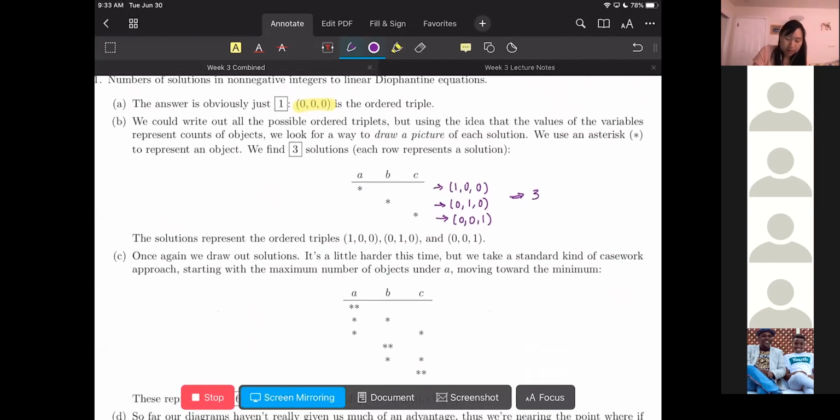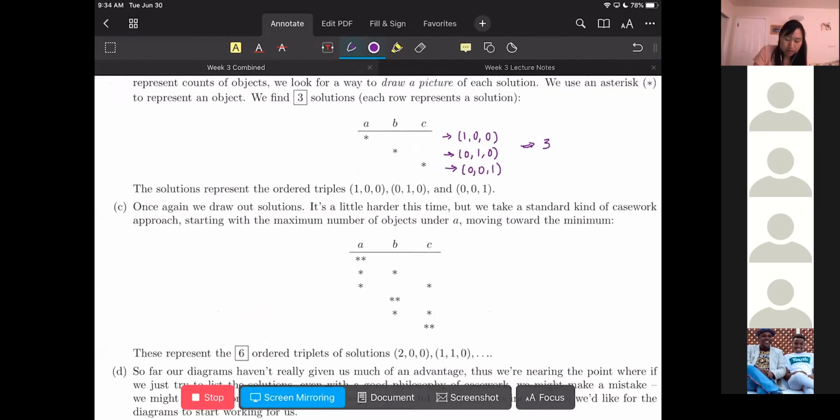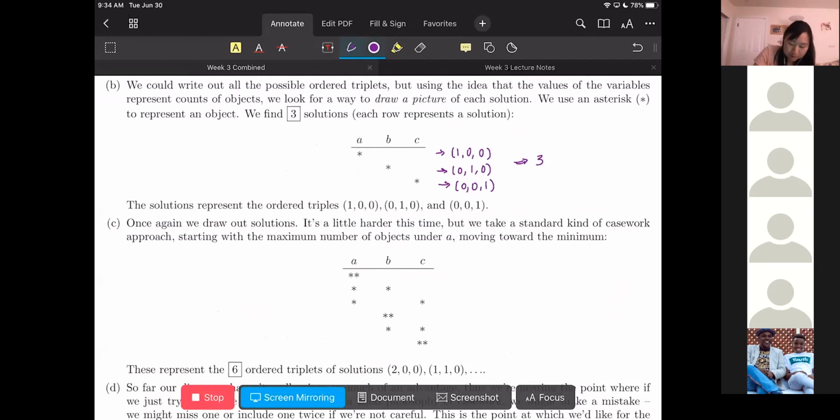For c, we could think about how to draw out the solutions. It's a little bit harder because now we have 2 stars. Remember this is a plus b plus c equals 2. So we have 2 things we want to distribute between a, b, and c. If we draw out stars here, we could put both stars in column a.